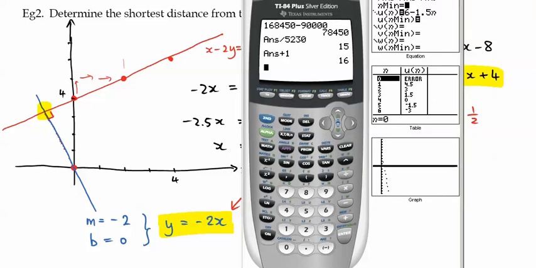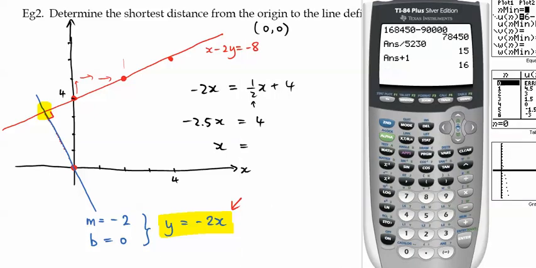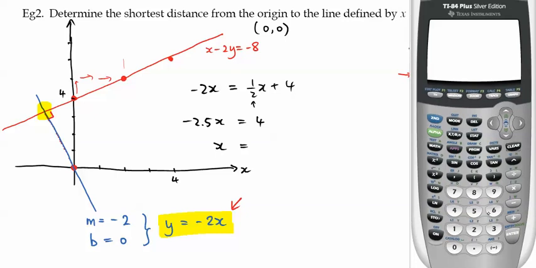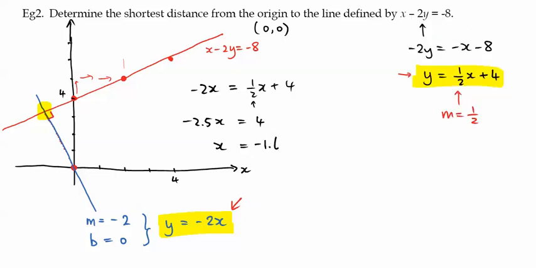So let me do the calculation here. Four divided by -2.5. That gives us -1.6. And with x equals -1.6, I can now calculate the y coordinate of this point here by making a substitution.